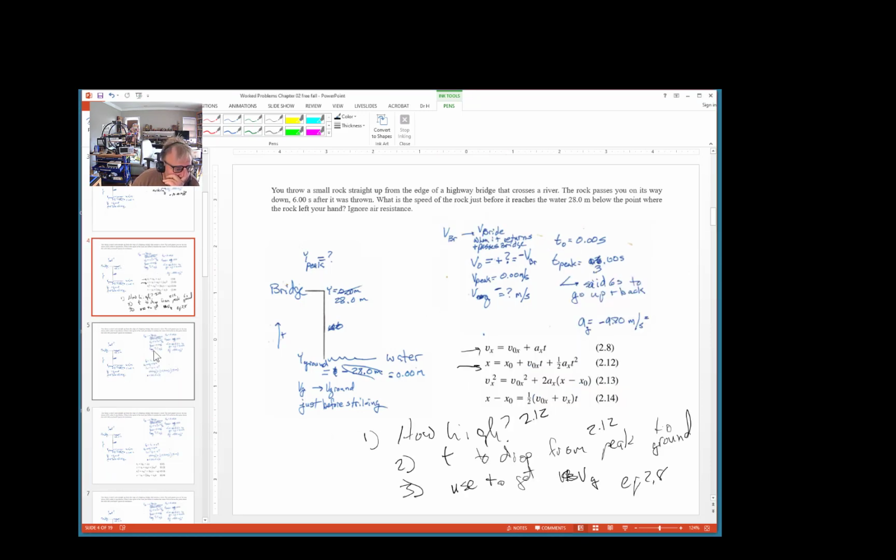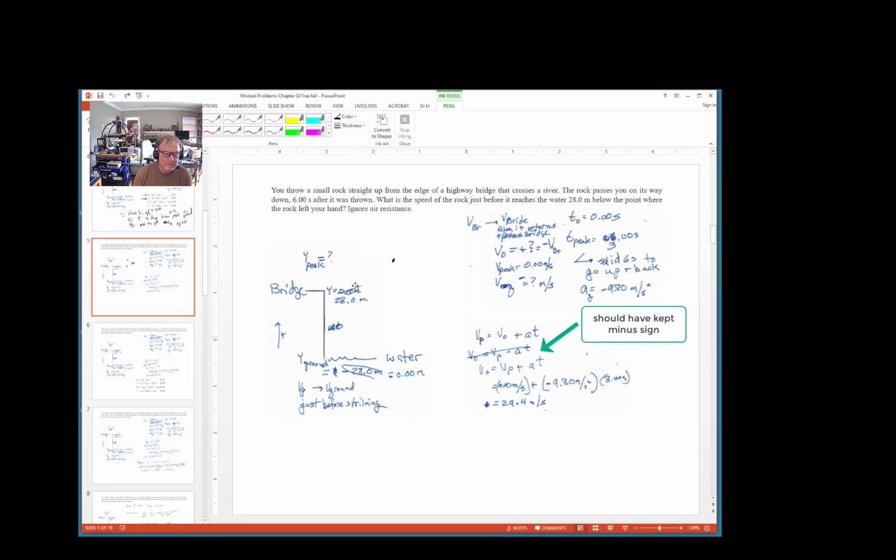Aha. All right. So to find out how high it goes, I first need to know how fast it leaves from the bridge. And so I set up v at the peak, which I know will be 0. V sub 0 is what I want, and I get a positive 29.4 meters per second.